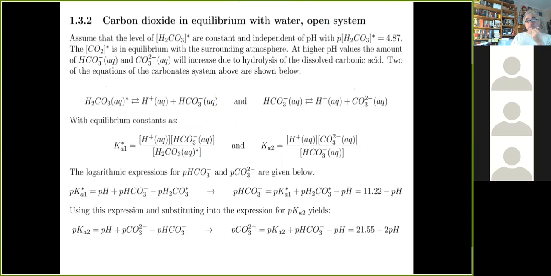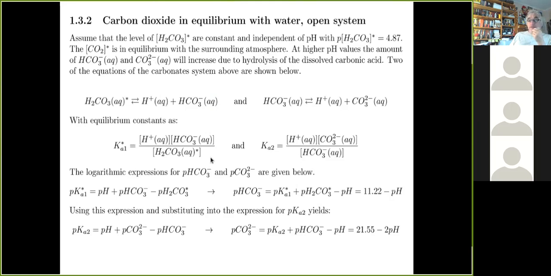Yeah. But in the example you had here, you had to assume that the concentration of carbon dioxide was constant. Exactly. And if it wasn't, it would have to be a lot more complicated, basically.